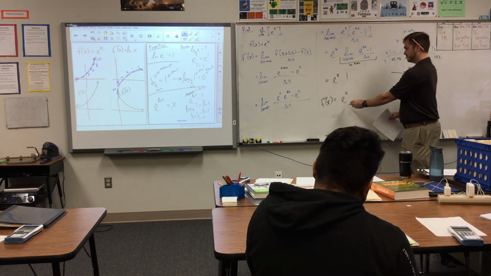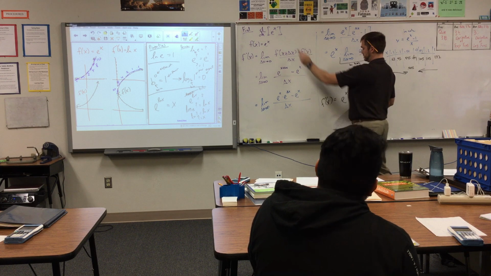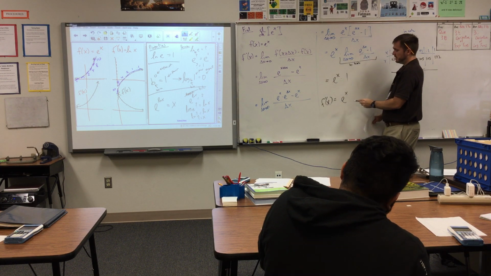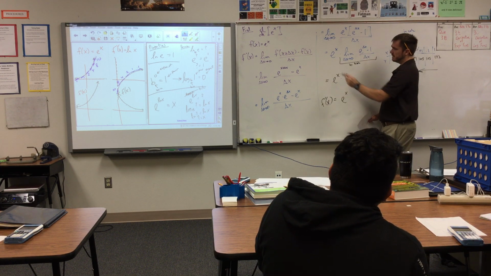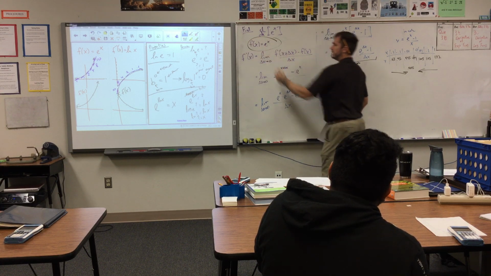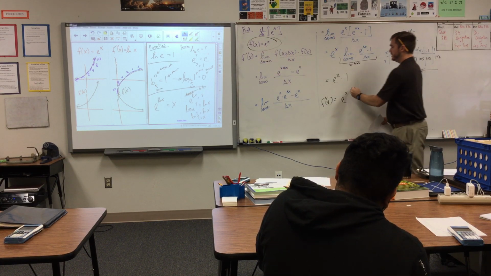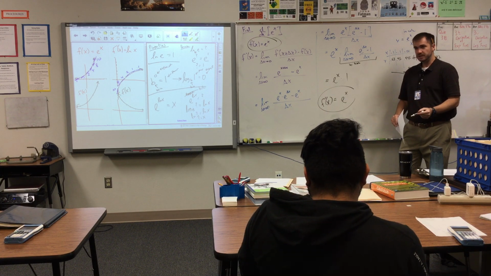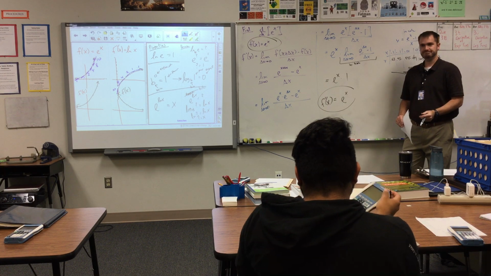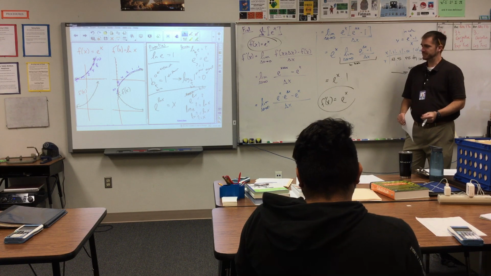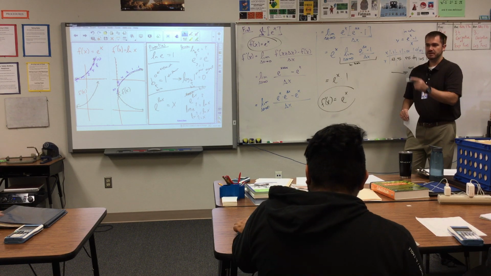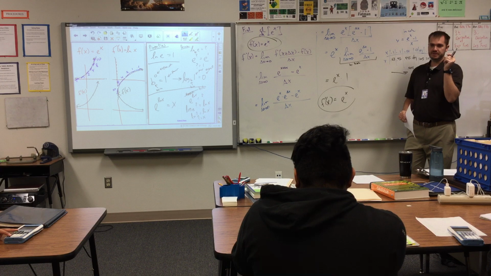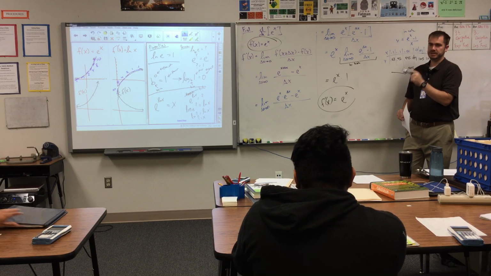Are you telling me when I've got f of x equals e to the x that the derivative is equal to e to the x? Yep, it is. The derivative is exactly the same as the original function.